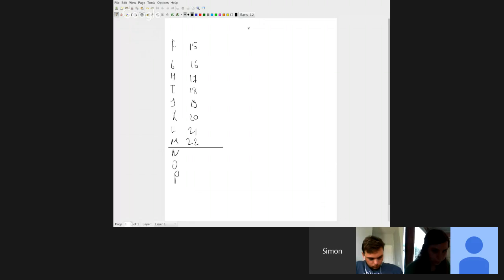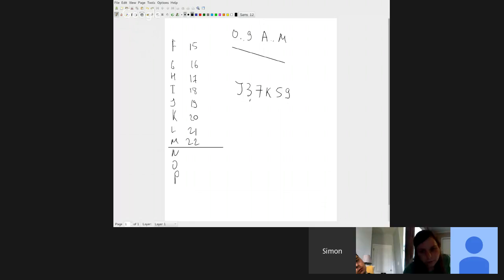So in other words, to construct a number in a number system with base 23, we have to operate either with digits from 0 to 9 or with letters from A to M. And this constitutes a number in number system with base 23. So for example, I can say a good number would be J37K59. So this could be a number in base 23.